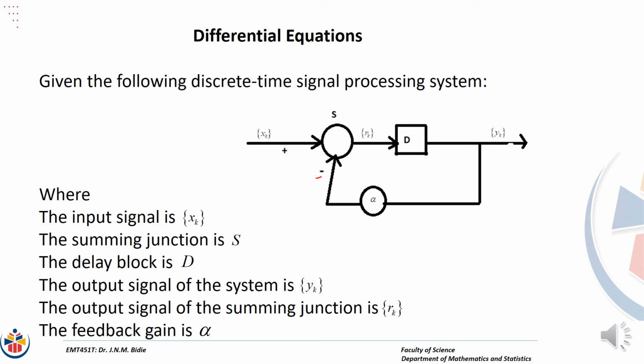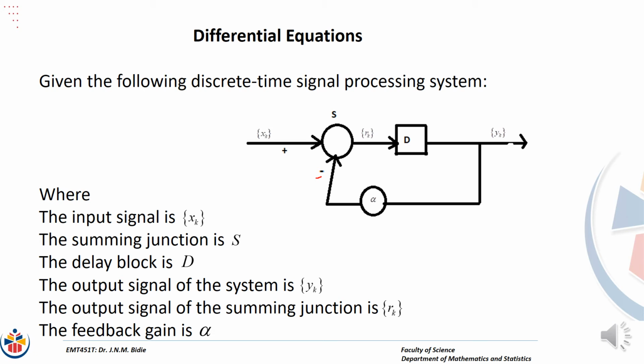So we have xk minus alpha yk going into the summing junction, producing rk. So that means the summing junction gives us the formula xk minus alpha yk equal to rk.